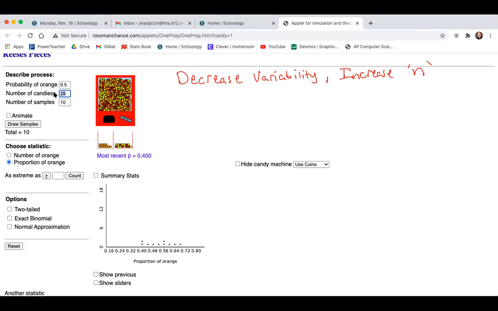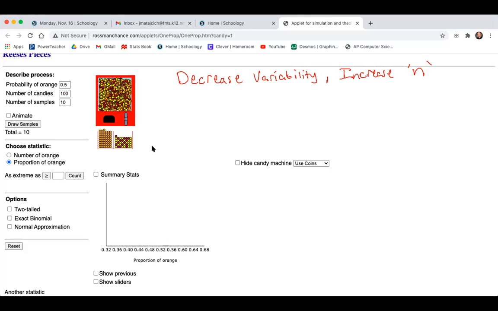So if I increase the sample size and draw 100 candies, this variability should go down as well. And it did. Looks like we got 2 little clusters here, but it goes from about 42% up to about 54%. So we've got about a 12% range when our sample size is 100.